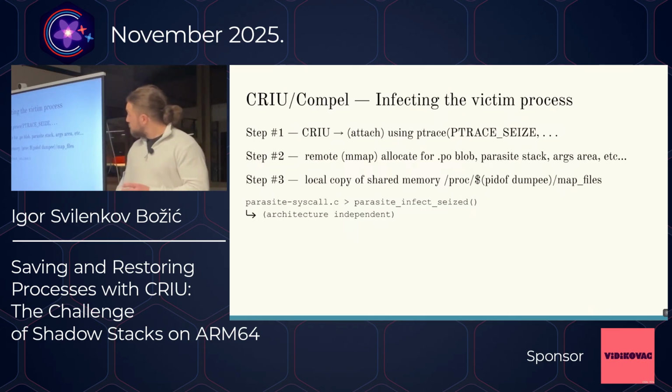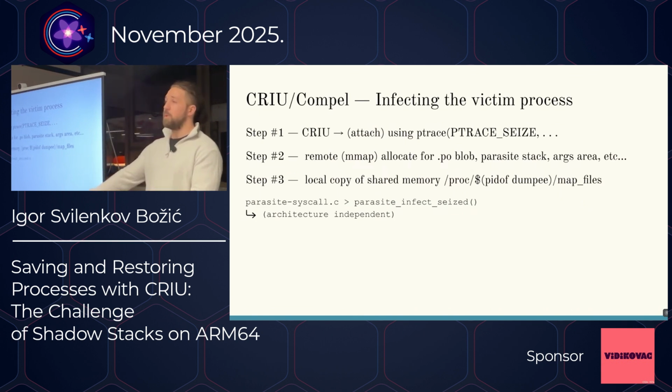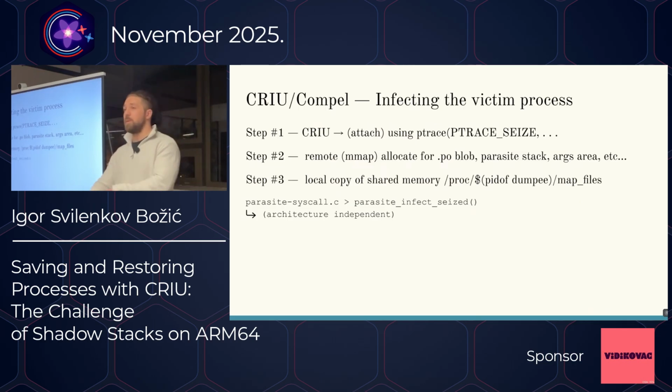Okay, so the steps towards infection. There are a lot of steps. I put 3 here, but if you take a step back, there are 3 distinct phases. The first one is just to attach to the process, the same as GDB or your VS Code does when you attach to a process.